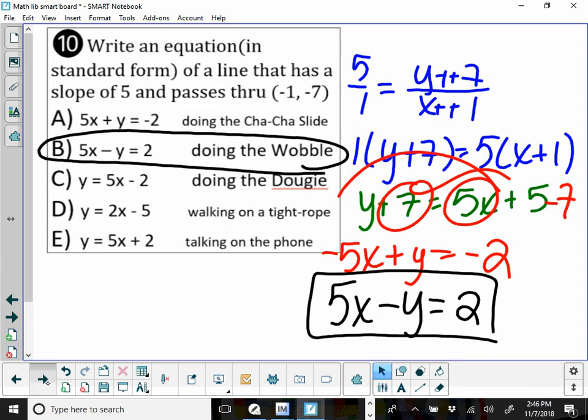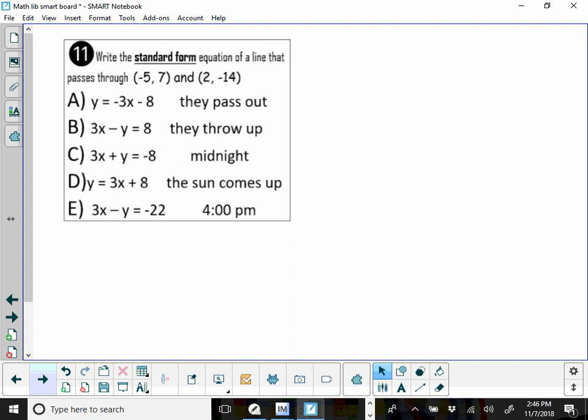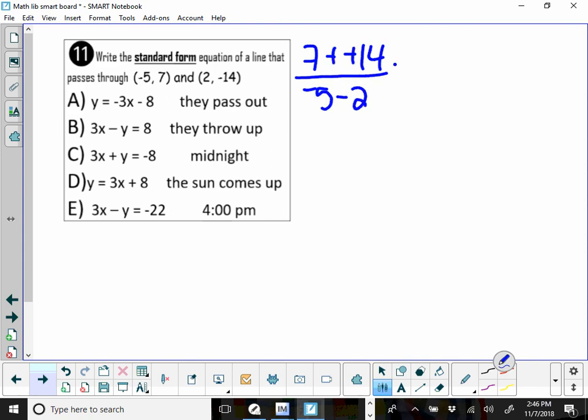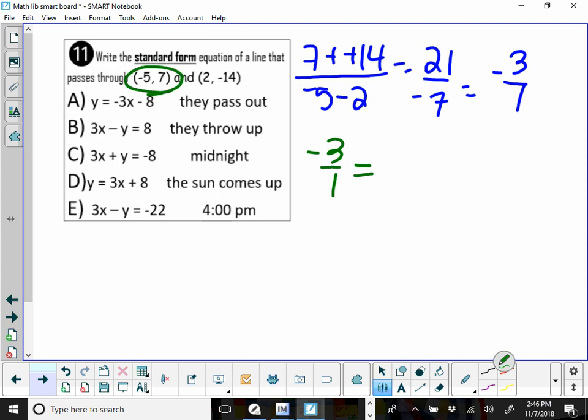All right, and the last problem we have here, standard form given 2 points, okay? Given 2 points, you always start with the slope formula. So y minus y over x minus x. Okay, that gives you a slope of negative 3 over 1. So now we're going to use that slope and pick a point. Remember, I always pick the smallest numbers.